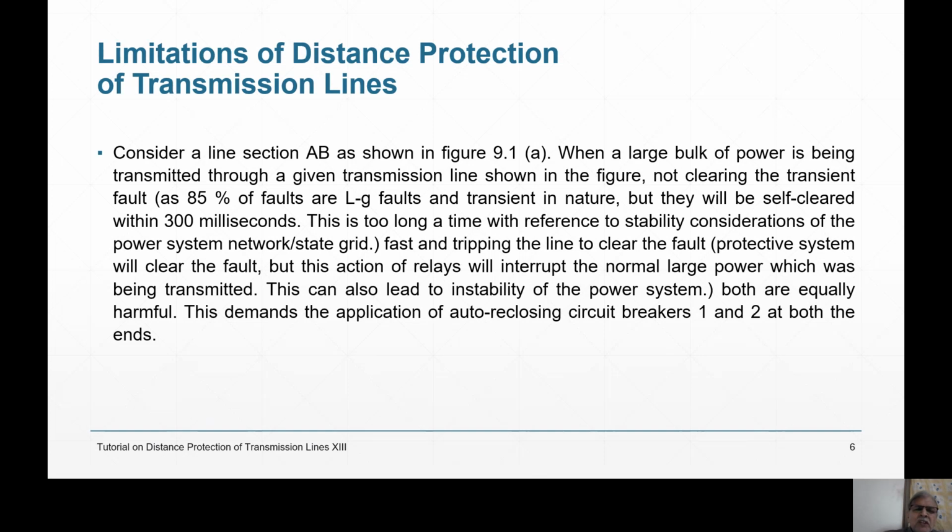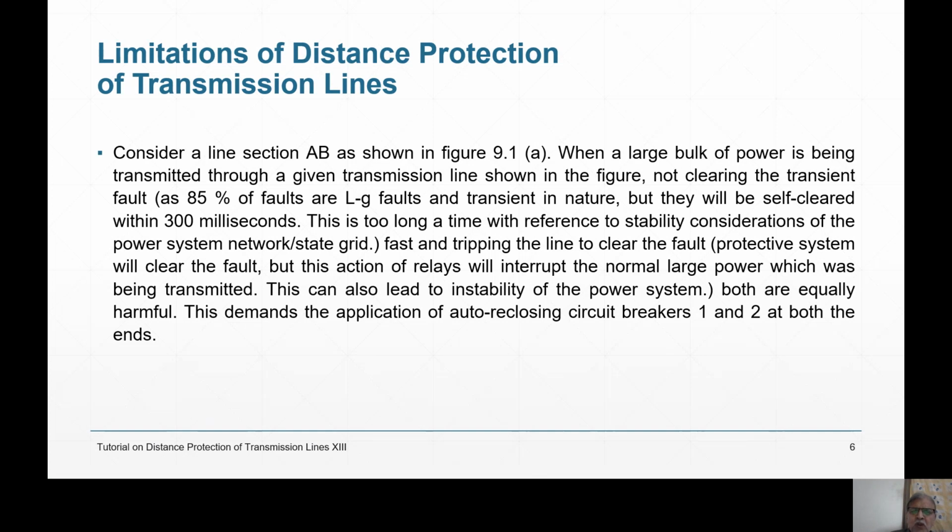But the worst disadvantage, my dear friends, is this. If you consider a line section AB, I'll show you the figure. And a large bulk of power is flowing through this line, some 300 megawatts say. So in such a case, our problem is this, that if there is a fault in the line, you have to clear it, because the fault is going to make the system unstable.